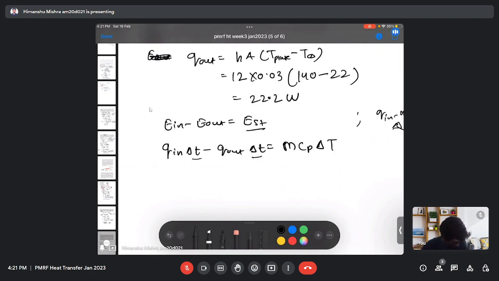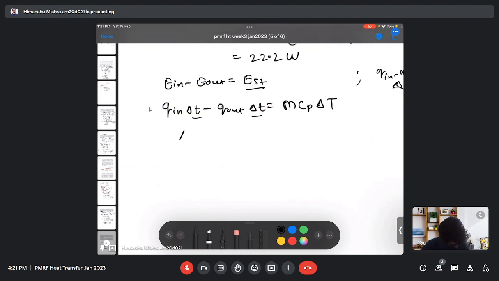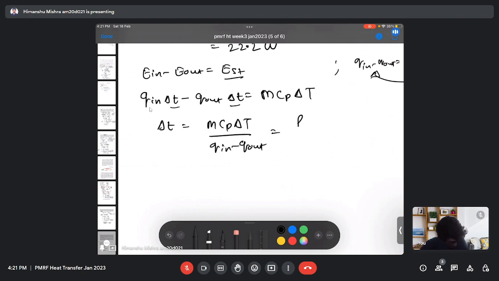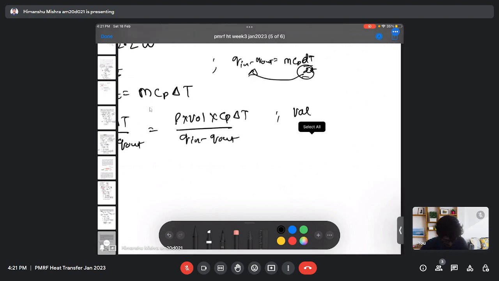So my delta t will be mCp delta T over Q in minus Q out, and mass is density multiplied by volume. My volume will be length multiplied by area.